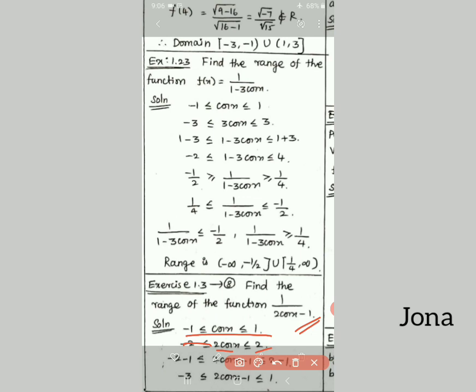So I got minus 2 minus 1 less than or equal to 2 cos x minus 1 less than or equal to 2 minus 1. By simplifying this I got minus 3 less than or equal to 2 cos x minus 1 less than or equal to 1.